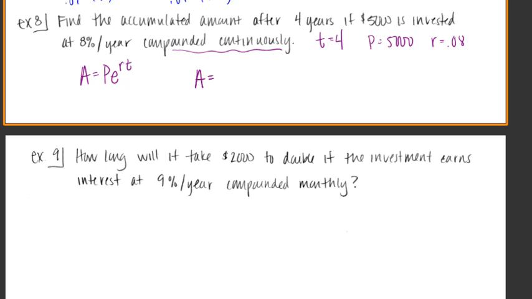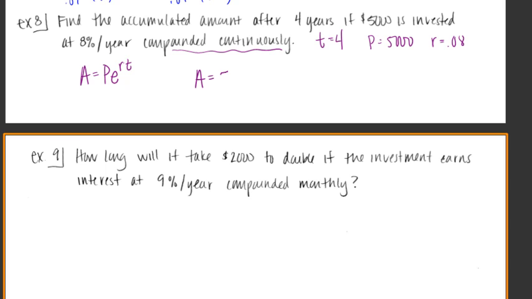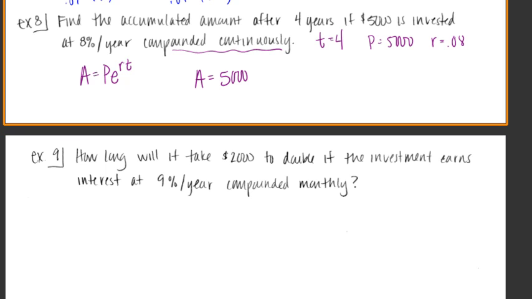So A is equal to P, which is 5,000. Then we'll do e to the rate. I'm going to put this in parentheses because I've got to multiply two things up here: 0.08 times 4. To put this in the calculator, type 5,000, then hit second ln.